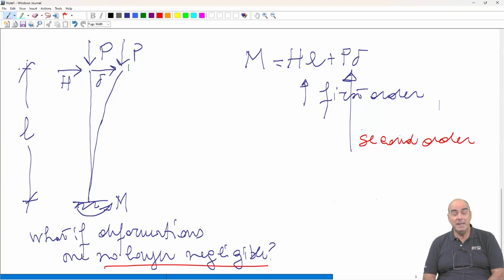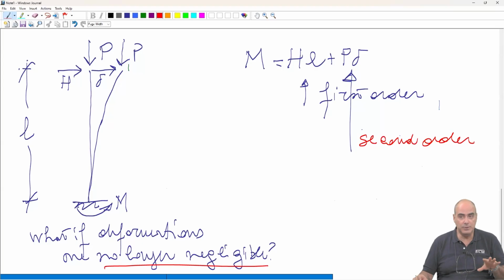So it can be that it cannot be any longer neglected. And so it can be that instead of performing a first order analysis of your structure, you have to perform a second order analysis.